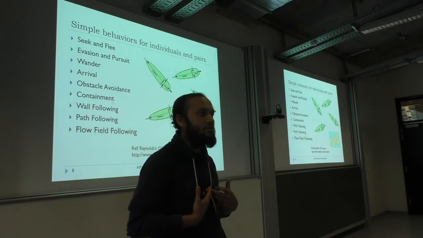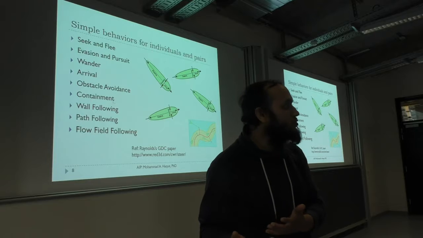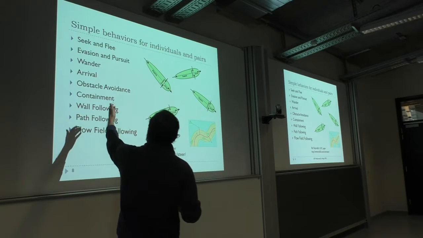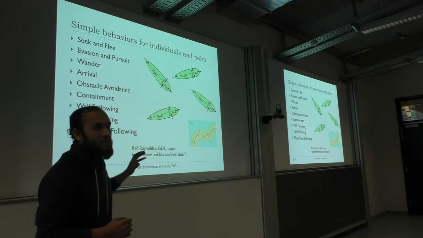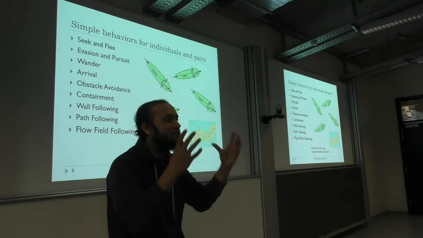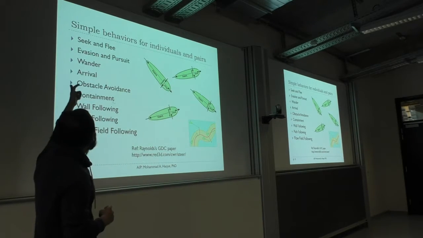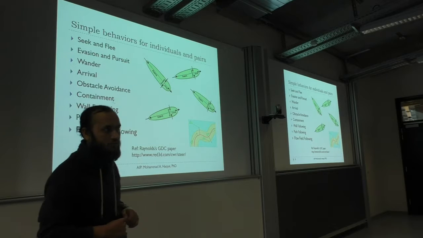It can be a human being in a Hitman game. He is moving, and which way he will move, something like this. So these are some examples of steering behaviors, which are simple behaviors. I mean, not complex or not a combination of multiple behaviors. We are saying these are simple behaviors. Seek and flee, evasion and pursuit, wander, arrival, something like this. We will go through each of these now, one by one, okay?